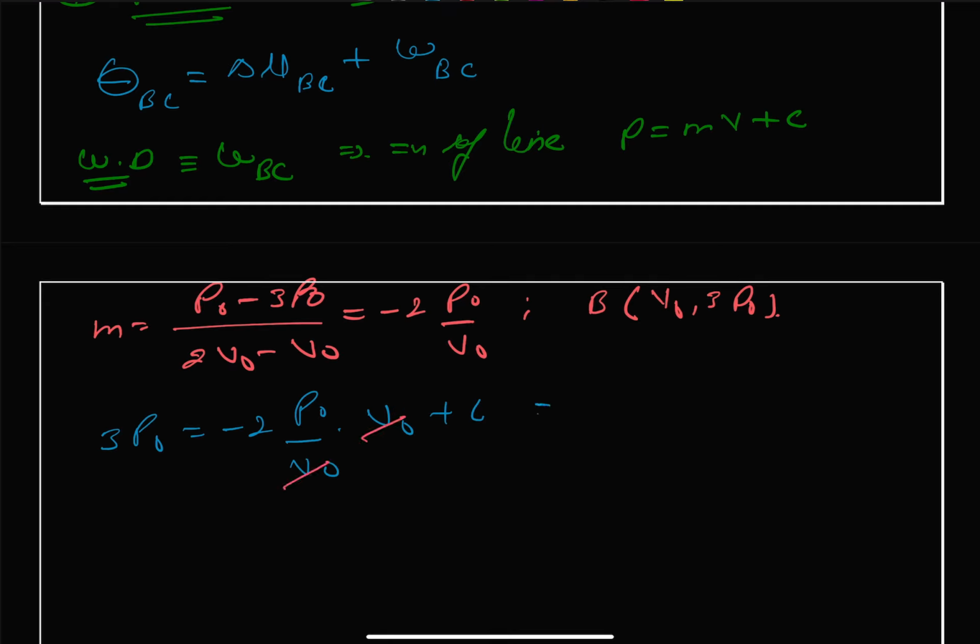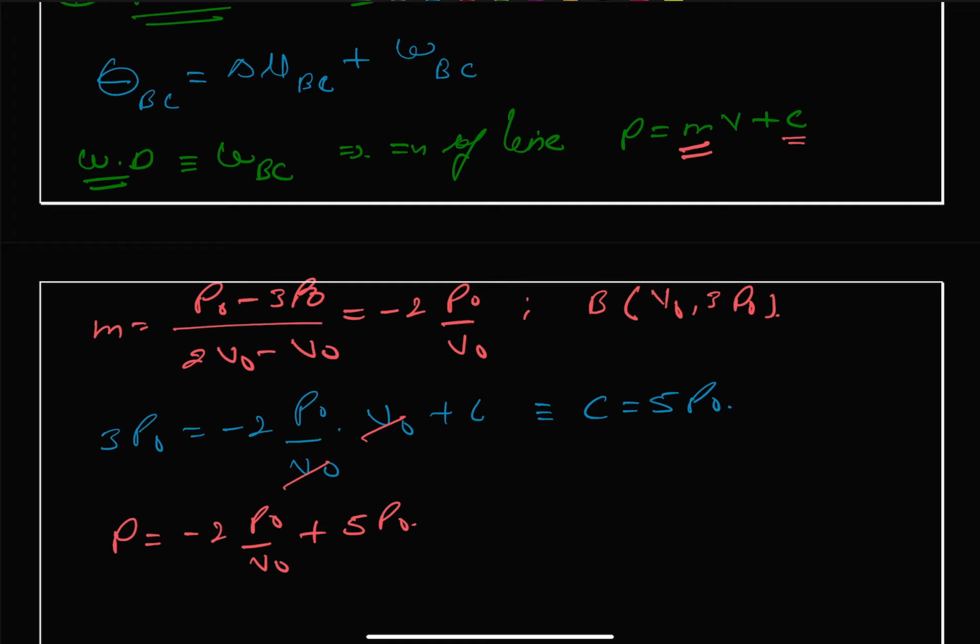So from here we get C is equal to 5 times P naught. Therefore, the final equation, we substitute value of m as well as C, we get that P is equal to minus 2 P naught by V naught times V plus 5 times P naught.